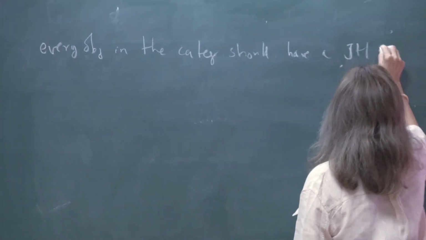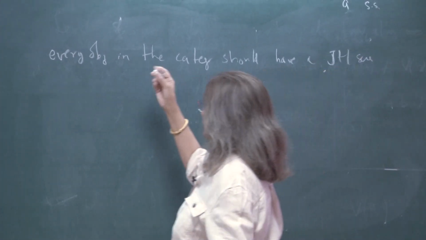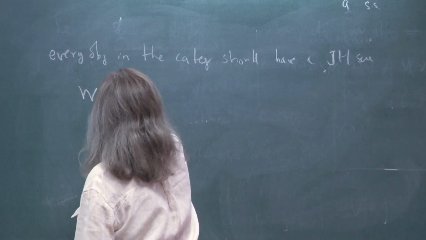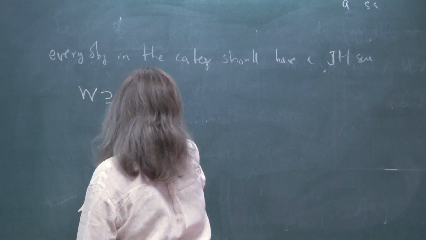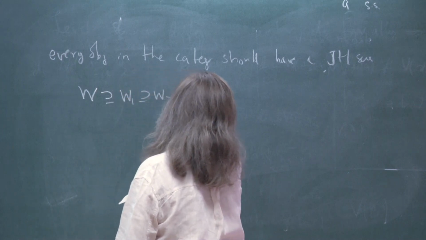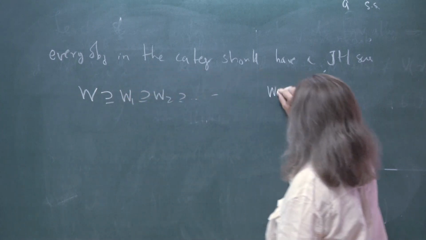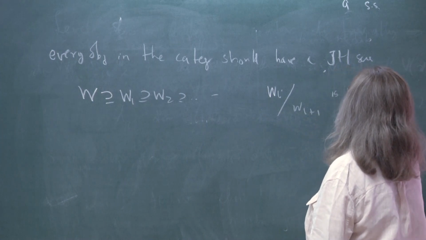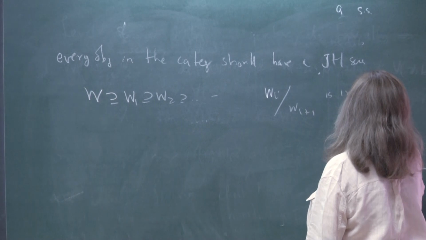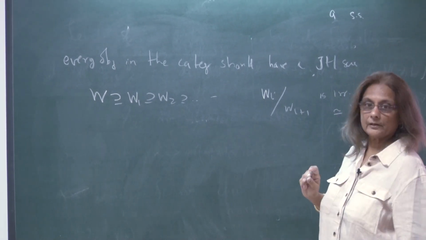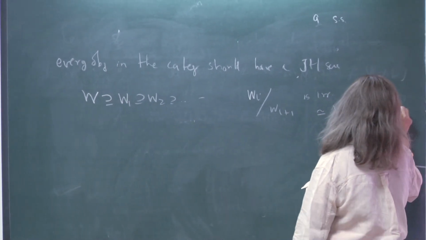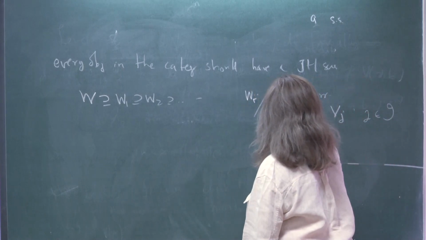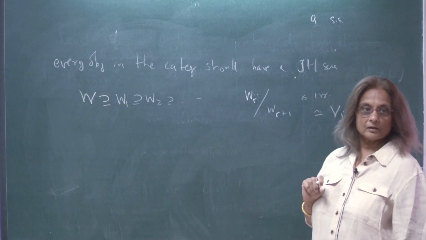So what that means is that if I take any W in my category, W is an object, then it has a decreasing sequence such that Wr modulo Wr plus 1 is irreducible, so it's isomorphic to some Vj, with j in my index set. I shouldn't say i here, let me use r, so that i and j are reserved for the index set.